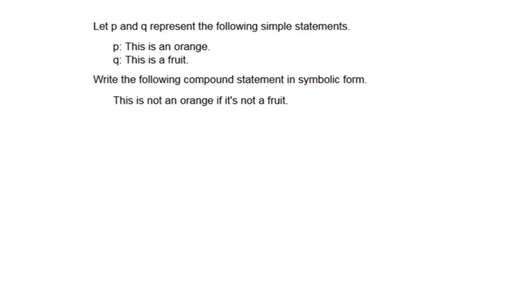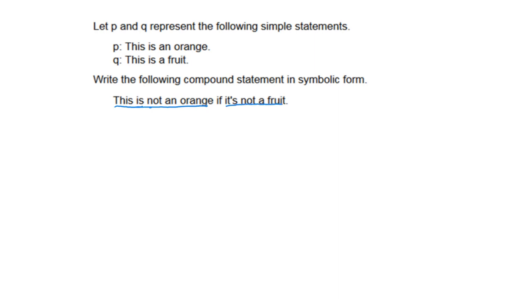Let P and Q represent the following simple statements. P is, this is an orange. Q, this is a fruit. Write the following compound statement in symbolic form. So we can see that we have, this is not an orange, which is the opposite of P. And it says, it's not a fruit.